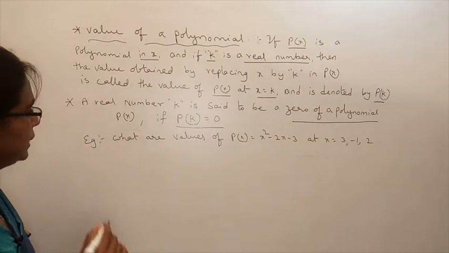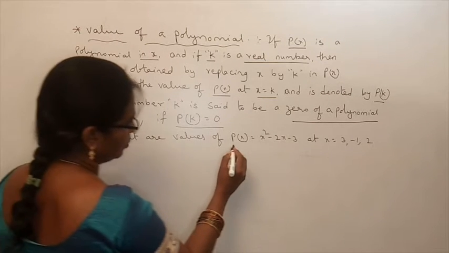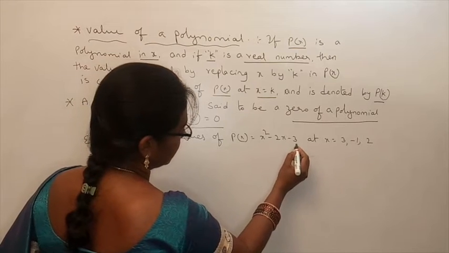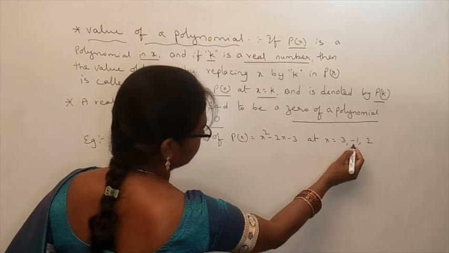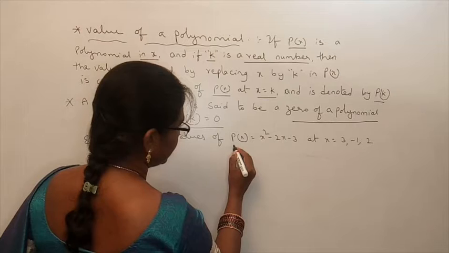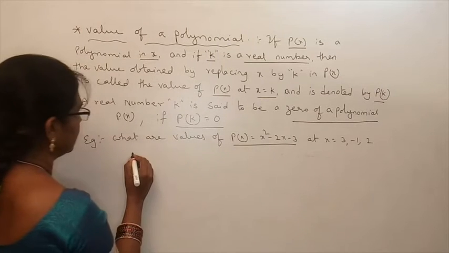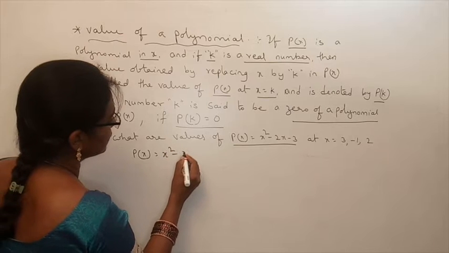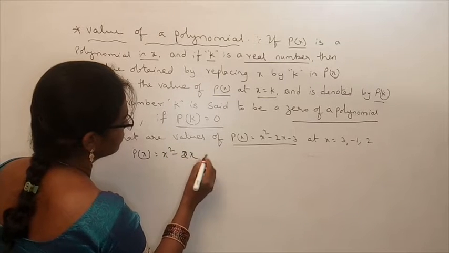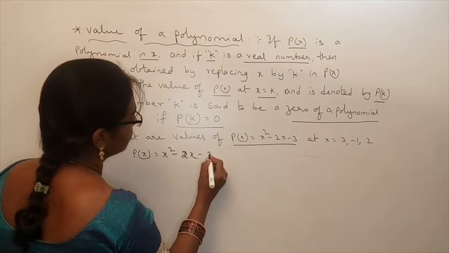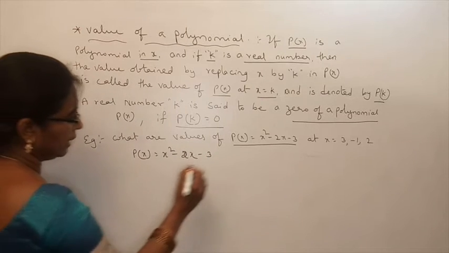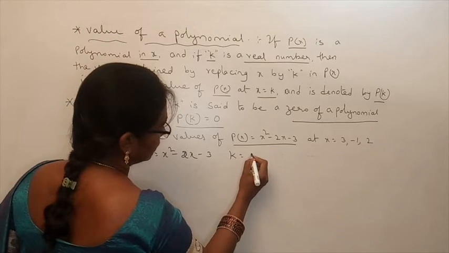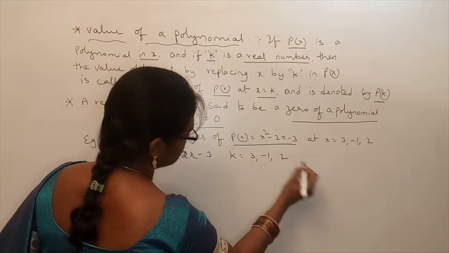Example, what are the values of p of x, x square minus 2x minus 3 at x is equal to 3, minus 1, 2. Here p of x is x square minus 2x minus 3. Now what are the k values? 3, minus 1, 2.